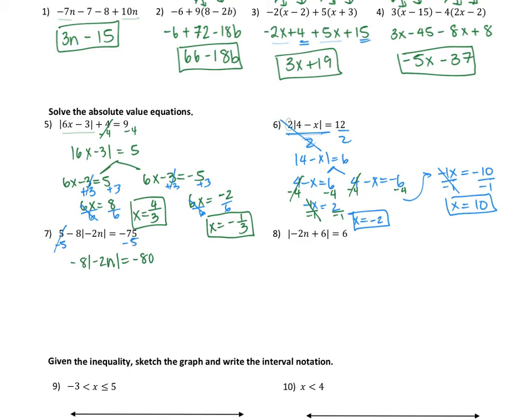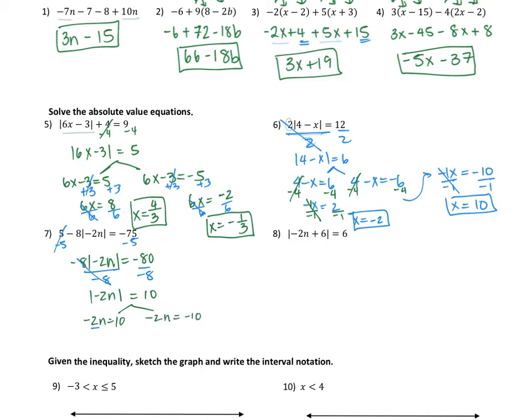And then from there, I'm going to need to divide the negative 8 to both sides to get rid of that. And then I have an absolute value of negative 2n. And negative 80 divided by negative 8 is going to be positive 10. And so I'm going to split these up. You have negative 2n equals positive 10, and you have negative 2n equals negative 10.